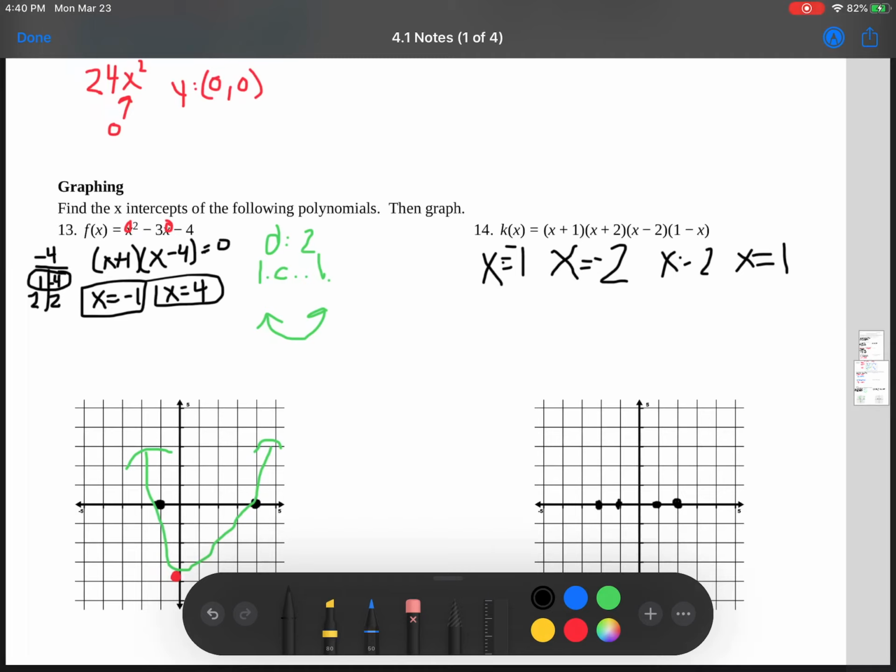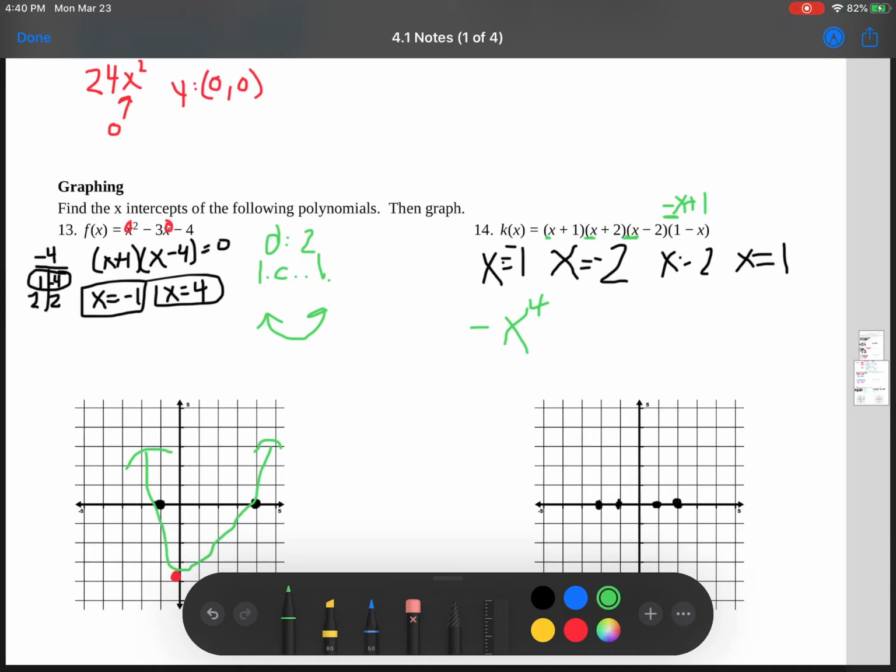Now, my end behavior, if I multiply the front piece of all these, we have x, we have x, we have x. I'm going to rewrite this as -x plus 1, because we're going to multiply by that -x. So we have 1, 2, 3, 4 x's, and it's negative because we have positive, positive, positive, and negative.